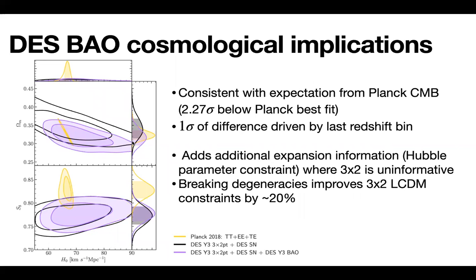But when you add the BAO information, that gives you enough information on H0 that you no longer require that informative prior. It doesn't change any of our final conclusions. We're still consistent with Planck, still all the same X-lens results, but it at least relaxes any concerns one might have about the prior dominance of 3x2. And we also get improvements on the parameter strengths by around 20%, which is not insignificant.